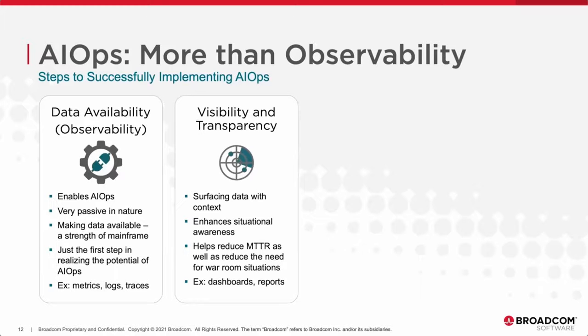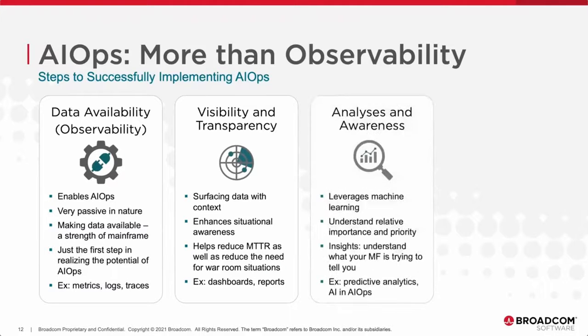And of course, it helps reduce MTTR. But these two things are things we've done in mainframe for a while. For data availability, yes, we have metrics, logs, and traces that we've made available. For visibility and transparency, usually that is expressed in terms of dashboards and reports. And we've been doing that forever in the mainframe world.